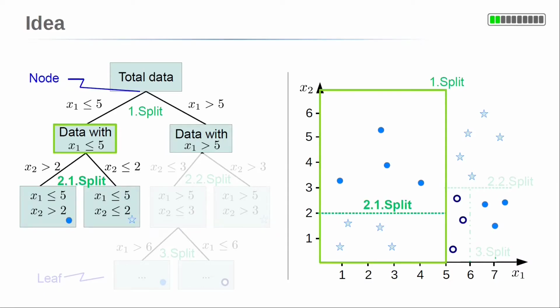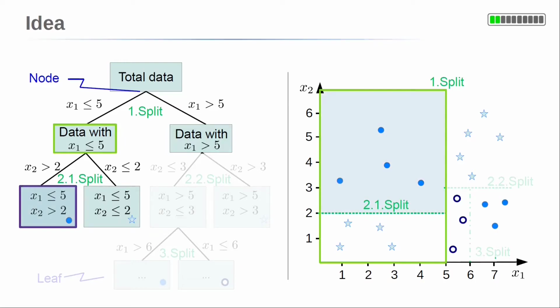Next, we consider the left half of our first split. These are data points with values less than or equal to 5 for x1. At this node, we choose another split at x2 equal to 2 to separate the light blue dots and the blue stars. So the second question is, for all data with values less than or equal to 5 for x1, is the value for x2 greater than 2 or not?